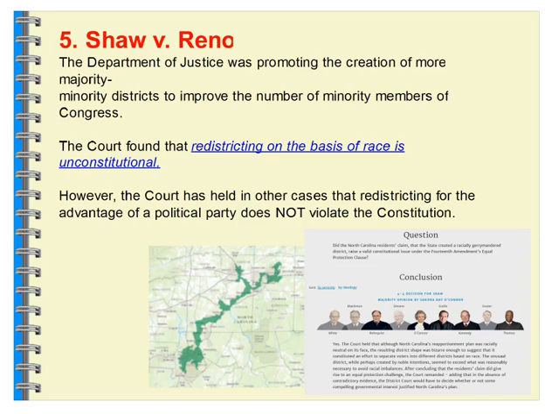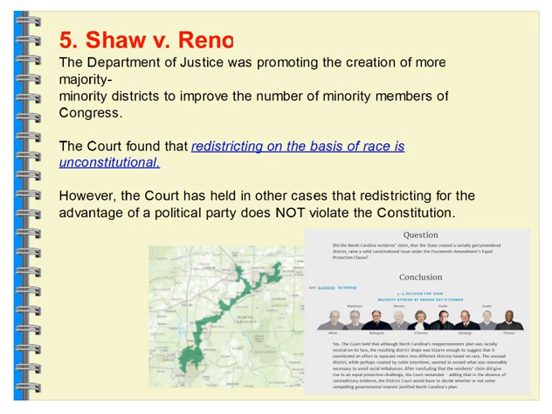Now, if they're redistricting and gerrymandering based on race, where they're trying to diminish the voting power of a minority group, that's a problem. That's unconstitutional. If they're packing them all into one district in order to diminish their voting power in other districts, or if they're cracking them up into different districts in order to dilute their voting power, both of those are unconstitutional.